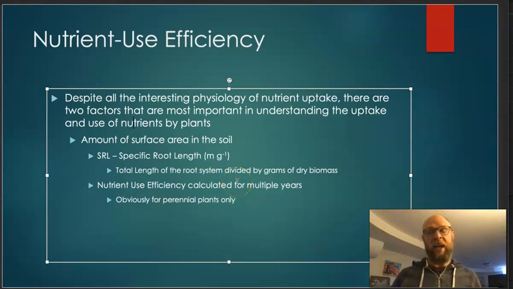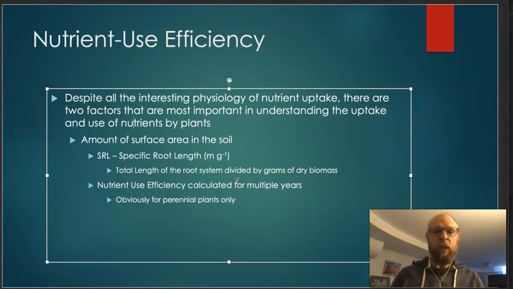And so a plant that has a high specific root length would be a plant that we would expect to be a good competitor for below ground resources, because a high specific root length means there's a lot of root length in the ground relative to the amount of carbon or biomass that plant invested in that root system.